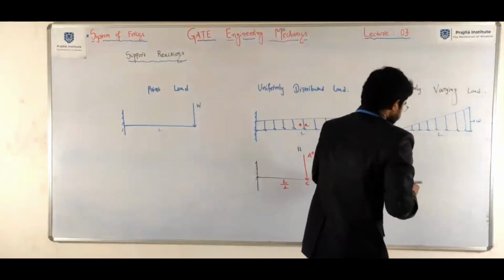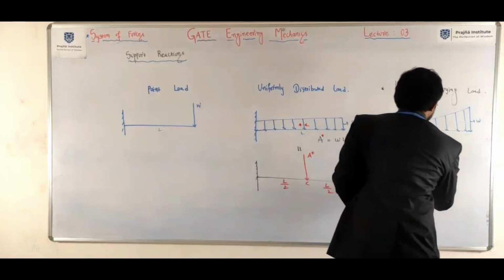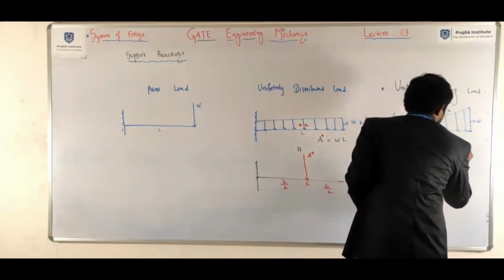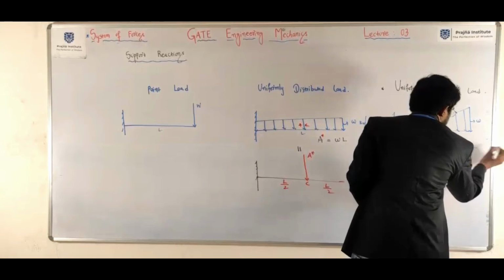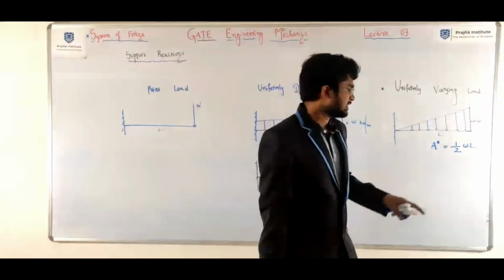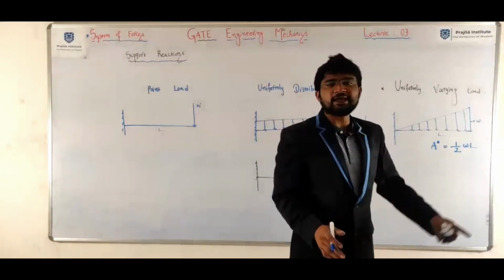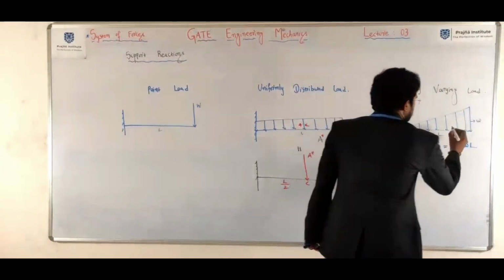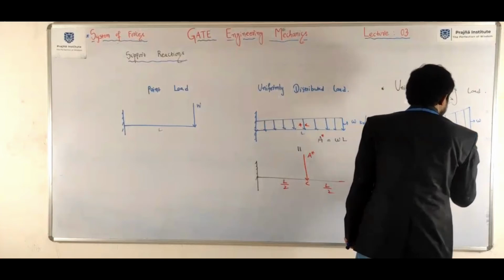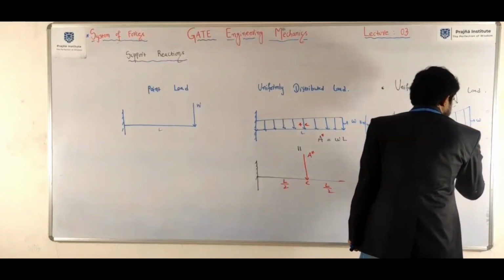Enough. Next. What is this particular area? Tell me. Half into W into L. This is the area of the triangle, that is the uniformly varying load. Then calculate the centroid C. Of course, it is at a distance L by 3.